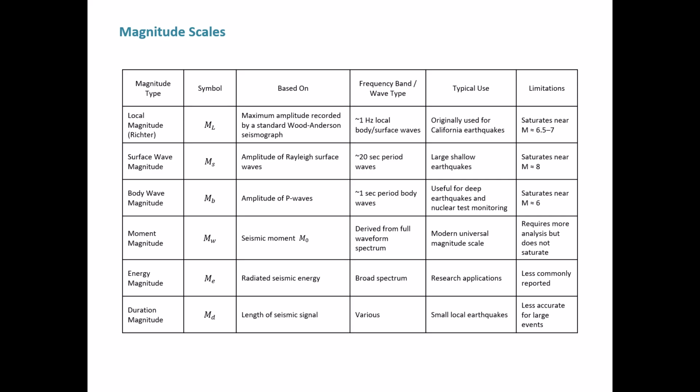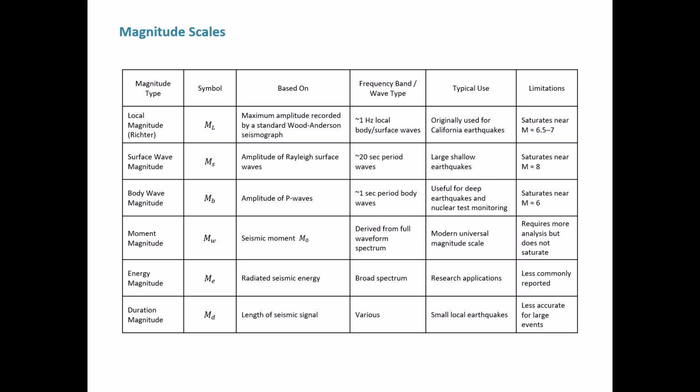Now the most common is moment magnitude, and if you just hear magnitude, it's probably a good assumption that it is a moment magnitude, but it's always good to be precise and get some clarification. The moment magnitude is calculated from another parameter called the seismic moment, M sub 0, which we'll cover on the next slide. It's derived from the full waveform spectrum, and this is the modern universal magnitude scale.